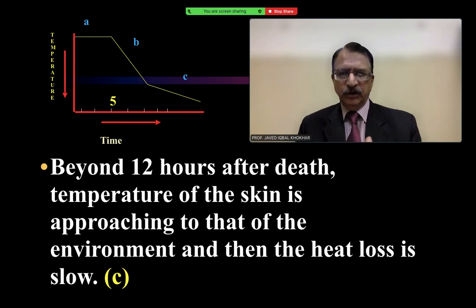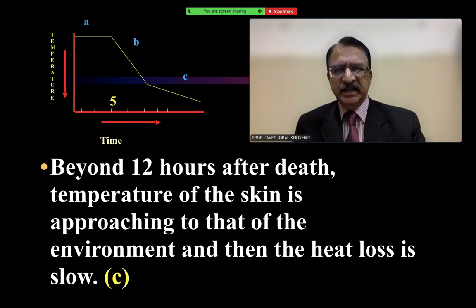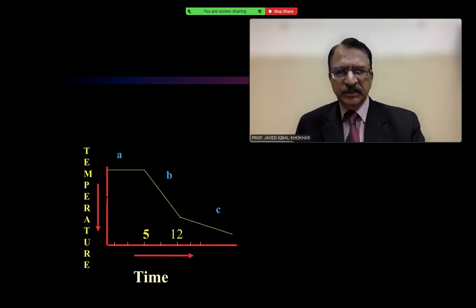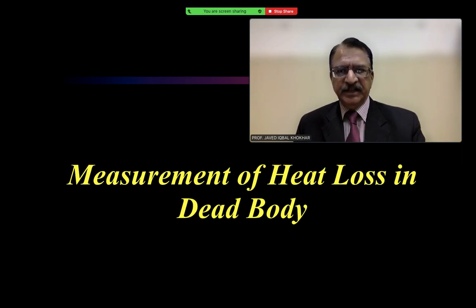That means now the body is approaching the environmental temperature. The gradient is less, the transfer of heat is less. So the heat will now be lost at a slow rate. That is shown by C of the graph. So this is the whole graph, a sigmoid shape, A, B and C.